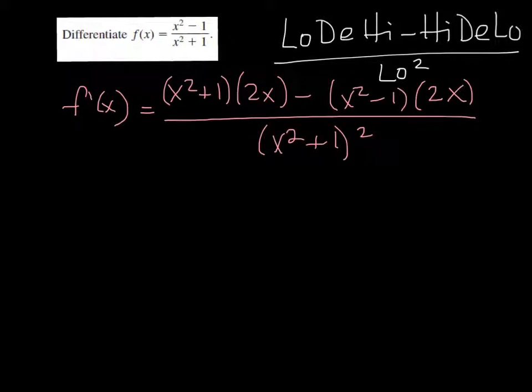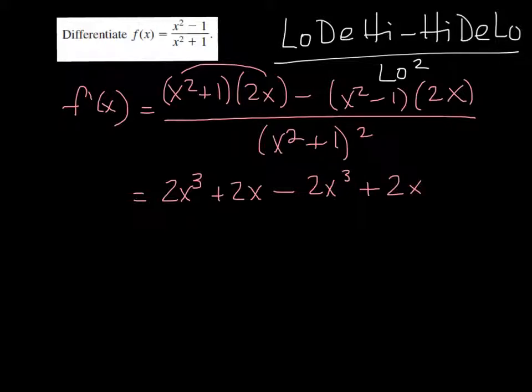So now all we have to do is just go ahead and simplify this. So this equals 2x times x squared, I'm just distributing, is 2x cubed, times 2x plus 1 is plus 2x, minus 2x times x squared is 2x to the third. 2x times a negative 1 is minus 2x, but please remember to watch your signs.